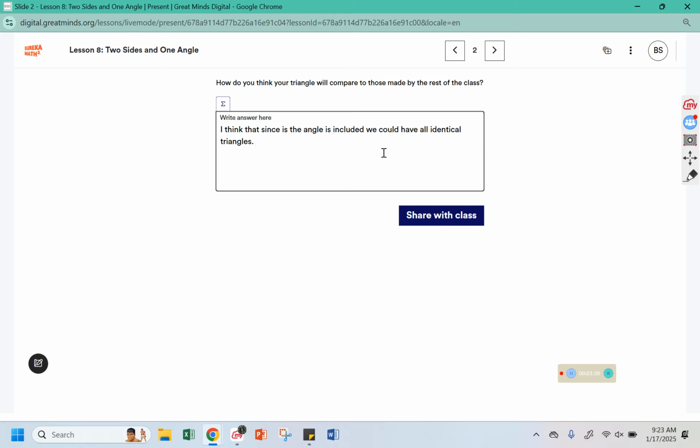But then again, it didn't tell us that it had to be included. So if one of my classmates put it in a spot where it wasn't between those two sides, maybe they did get a different triangle.